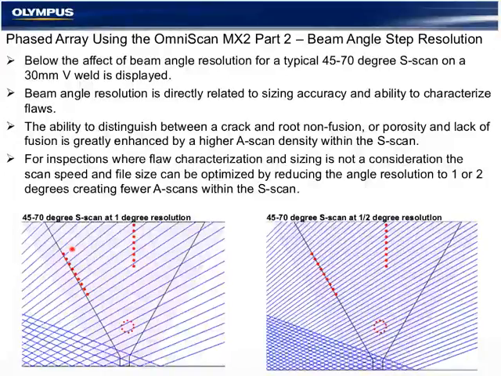The sector scan display that we see of a 1 degree resolution compared to a 1/2 degree resolution is very different. The more A-scans we use in the sector scan, the better our sizing or characterization. When the resolution is smaller, the file size is increased, and the scanner speed must be slowed down.